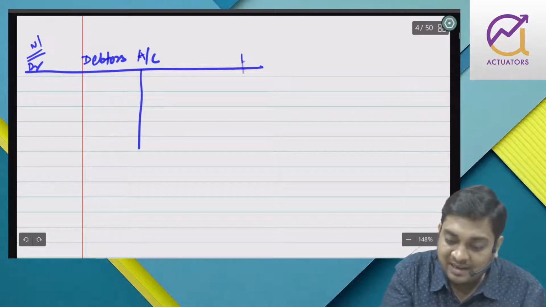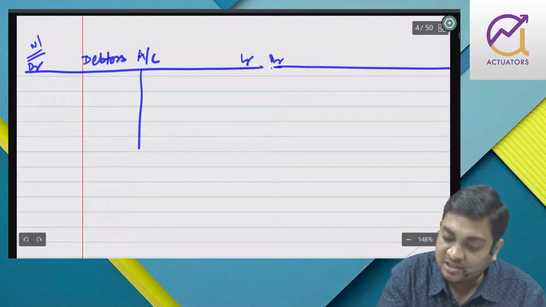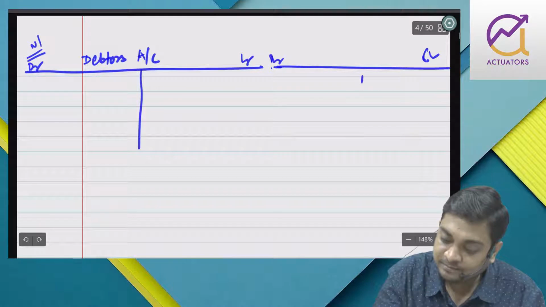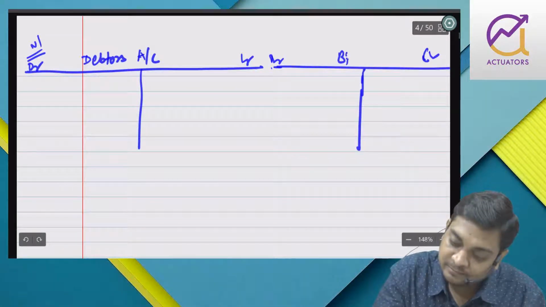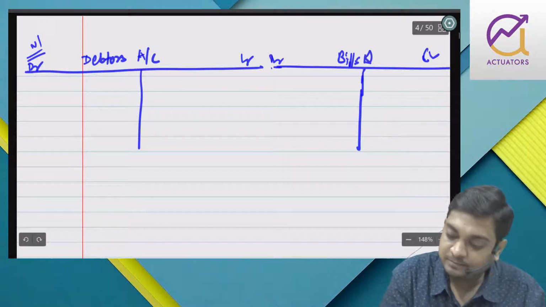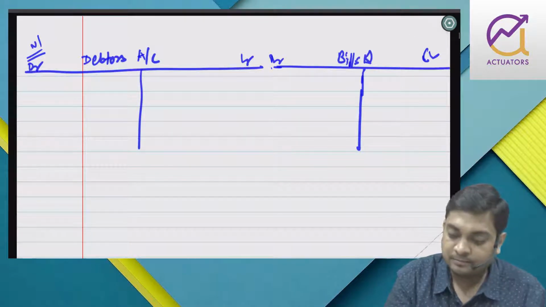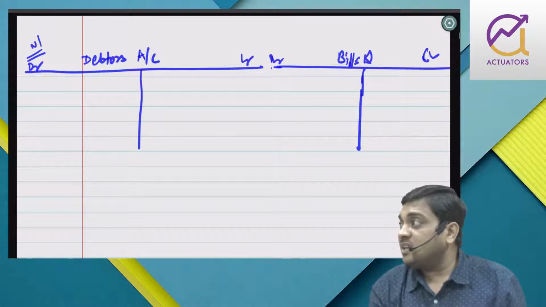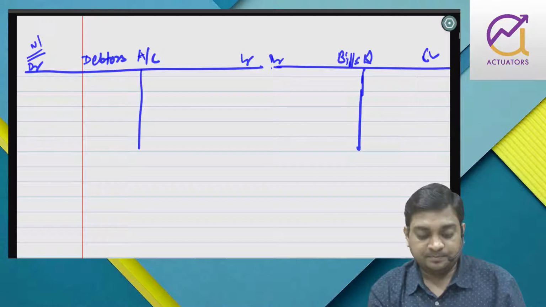And when you are preparing debtor, you have to prepare bills receivable as well, because this goes side by side. Right? So with the help of debtor and bills receivable, I will come to know the credit sale part.